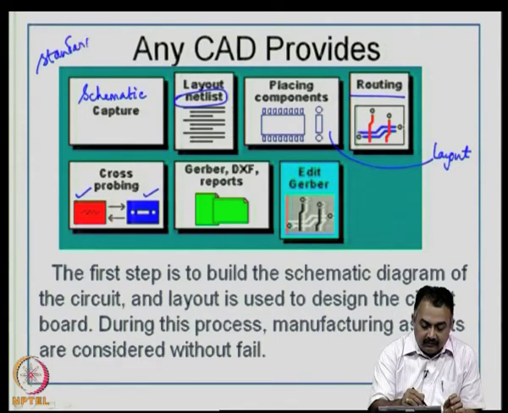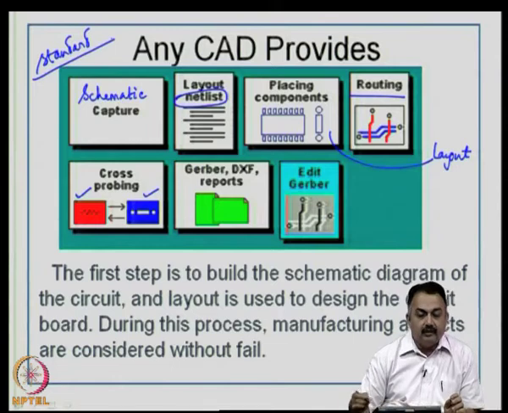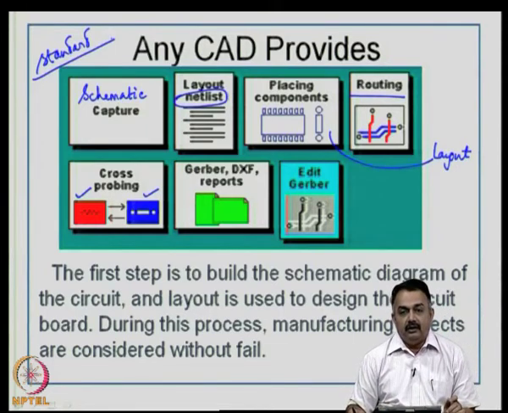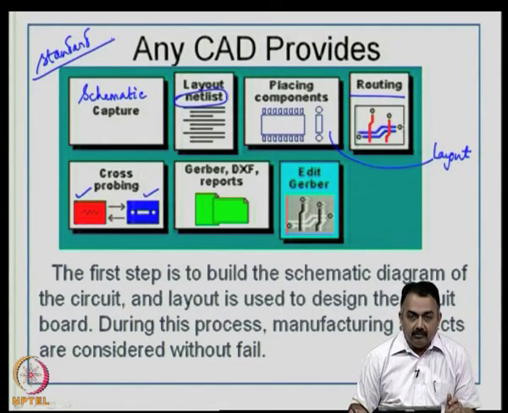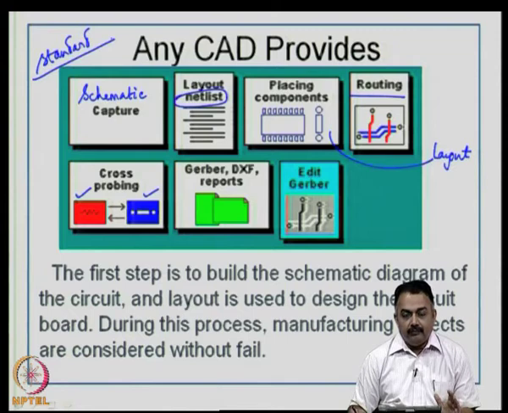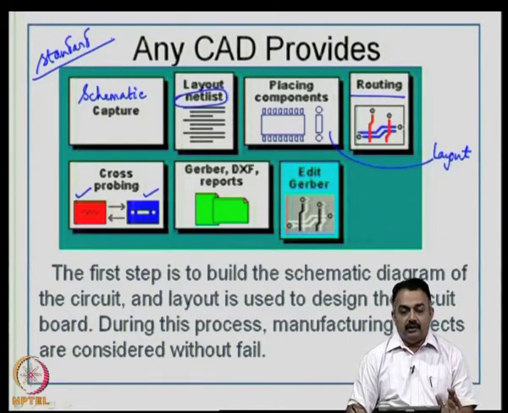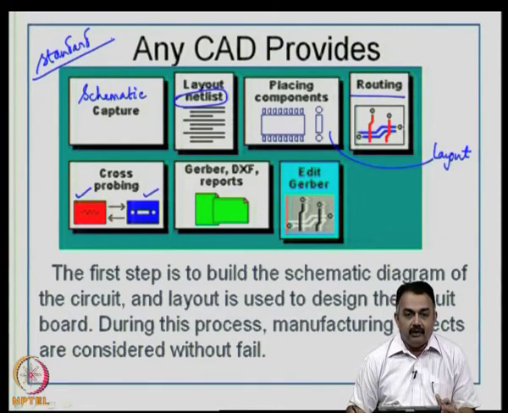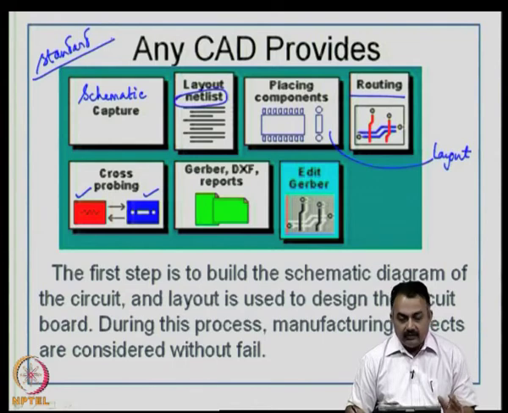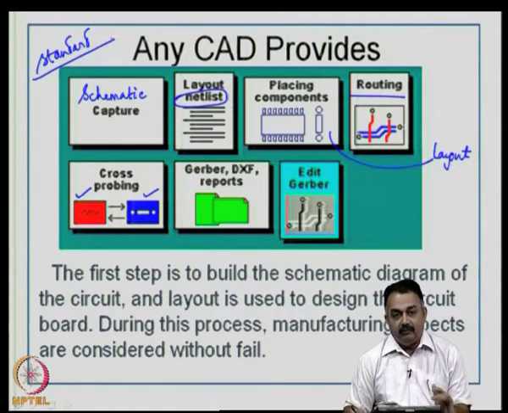There may be packages with all the high end simulation tools, EMI analysis, thermal analysis, signal integrity and so on. But generally, if you talk of a low dense board where you are not going to really look at simulation tools and where you have given enough tolerances in your design, this will be the major pathway that you will go through.